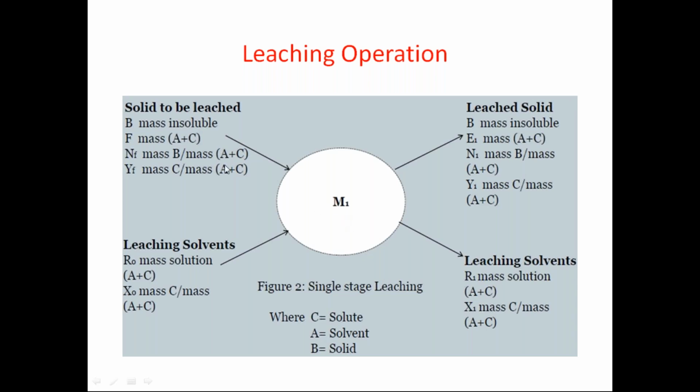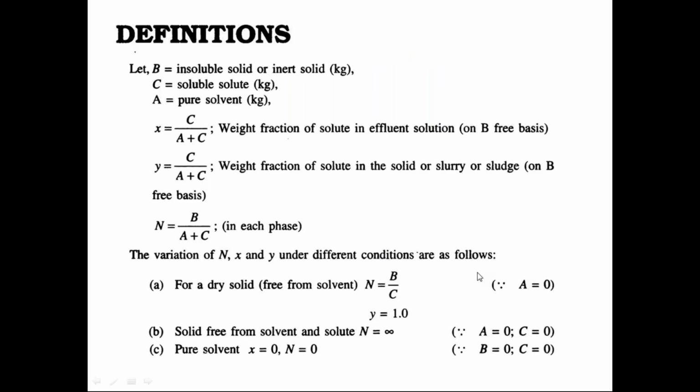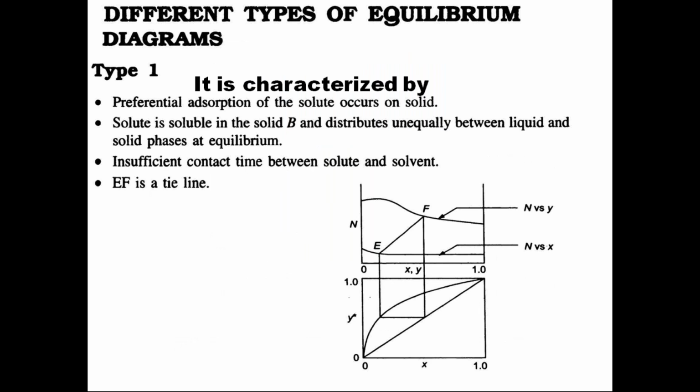That means the solid phase concentration should be related with the liquid phase concentration. Here the solid phase is the slurry phase and the liquid phase is the clear liquid phase. So you can see that Y and X should have some relation at the end. This relation can be developed by equilibrium considerations, because it is also an equilibrium bound operation.